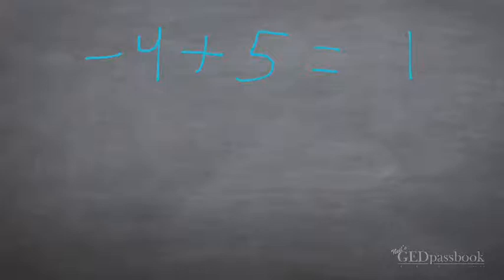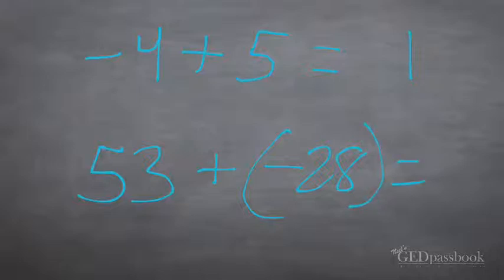But what happens if we're given big numbers? The last thing you want to do is resort to counting the bank account numbers or drawing out the number line. Let's use this rule.